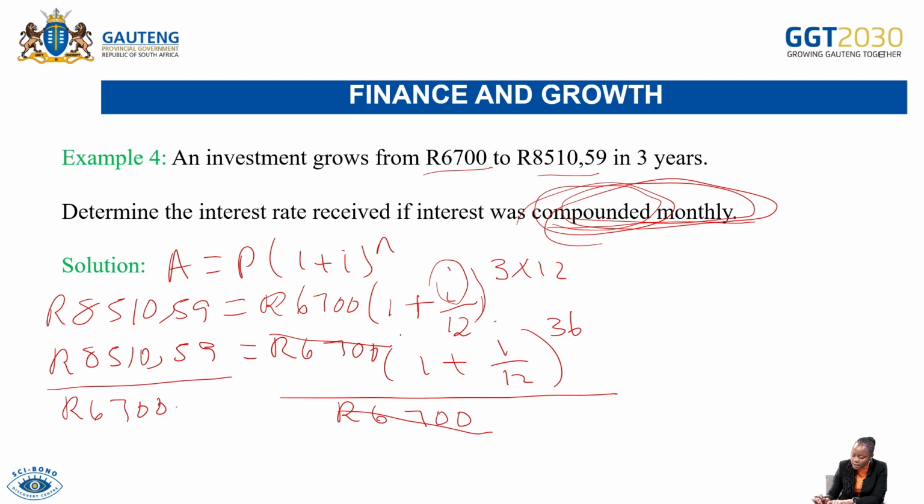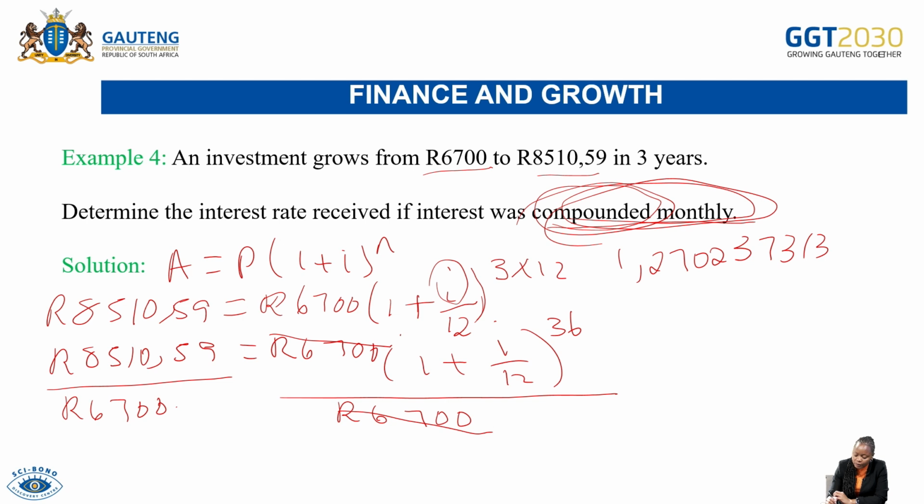You divide it by the 6,700, right? So you'll get 1.270237313. Don't forget, you don't round off before you get to the final answer, because that will make your answer incorrect.